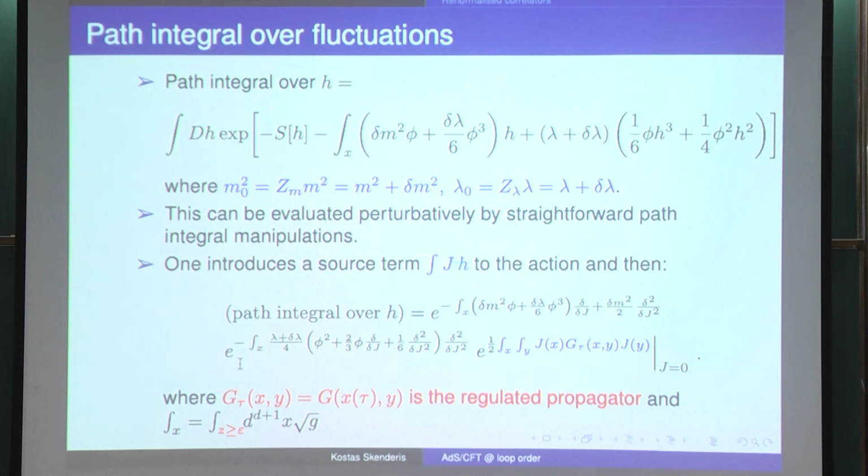You can integrate H to get the answer in terms of J. The important part here is that when you integrate out H, you get the Green's function of the quantum field, and it is at this stage that we introduce the regulator. So the usual Green's function I now replace by the regulated propagator, and all integrals here contain the IR regulator.